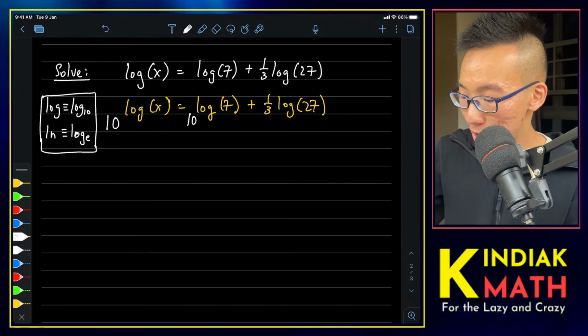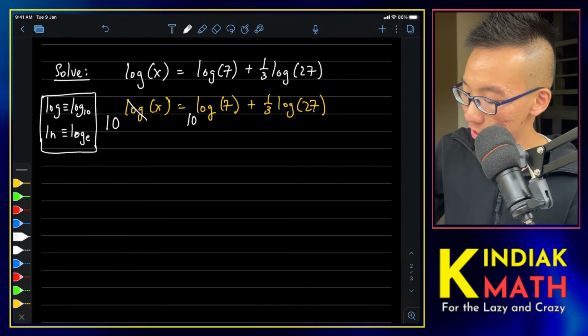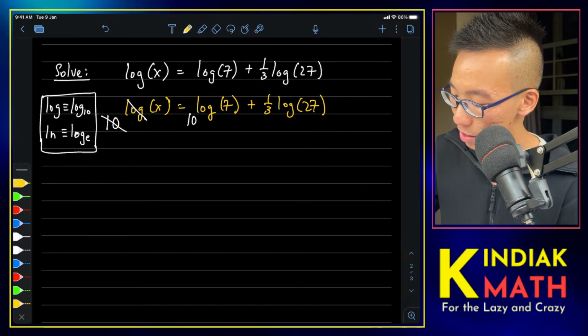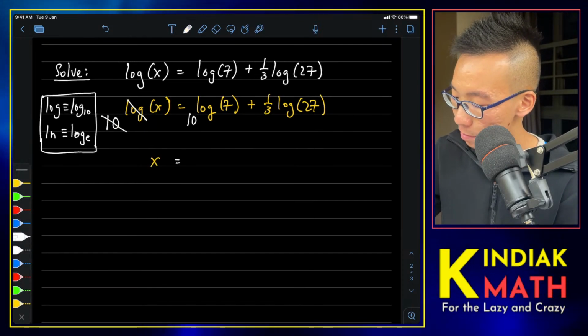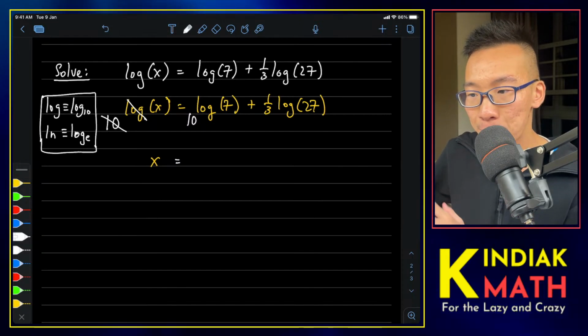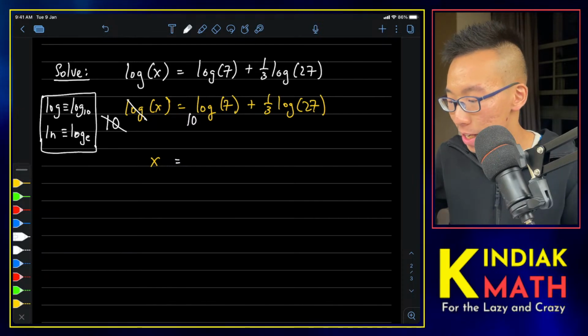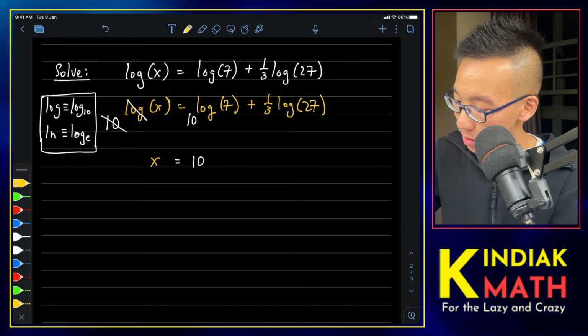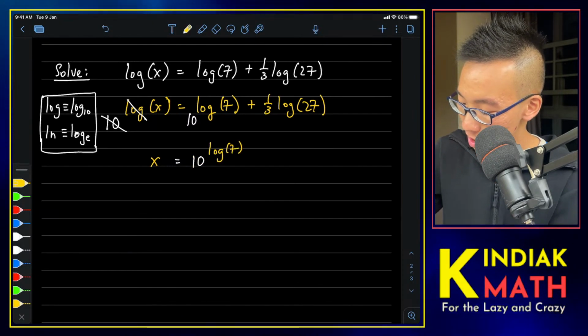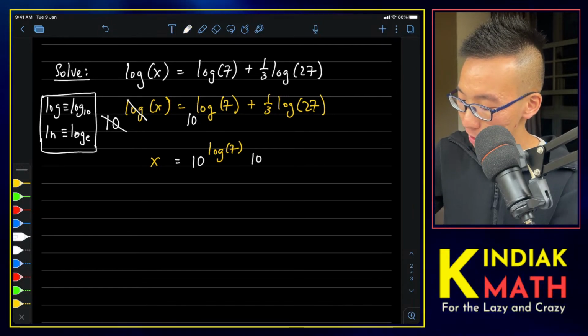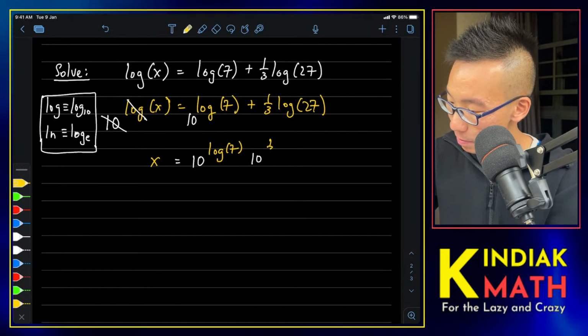On the left side, the 10 and the logarithms cancel out, so we are just simply left with x. On the right side, the exponential satisfies a very nice property. It is able to split up addition and convert it into multiplication.